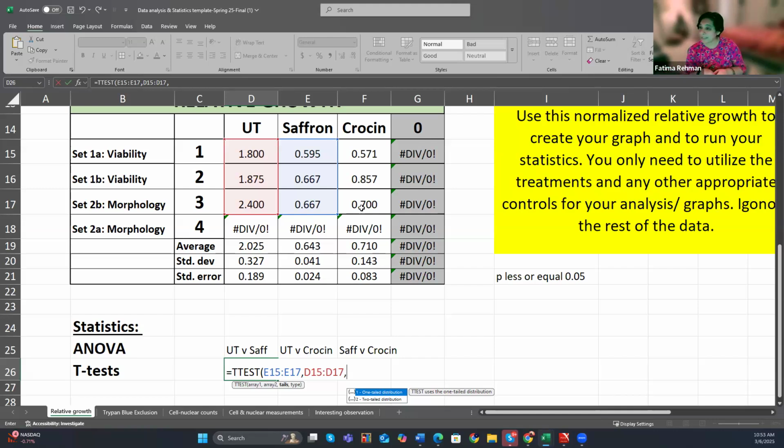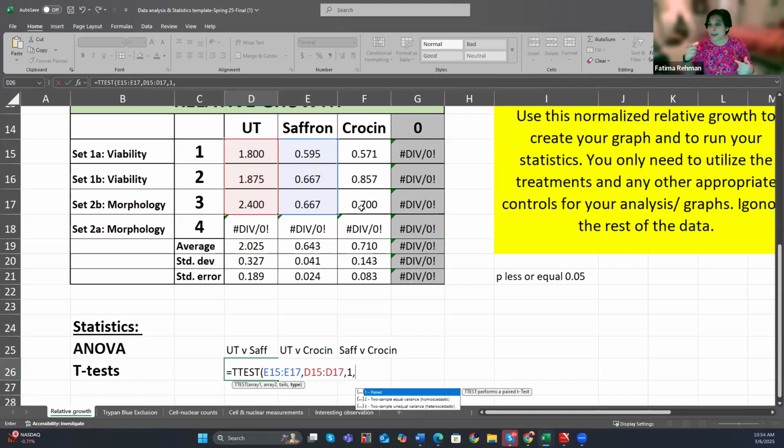But if you're doing a one-tailed and you're just focusing on one side, that they're going to grow more or they're going to die more, then all that 0.05 goes towards that one side. And so it's easier to find significance. In my case, I do think that based on what I've researched, saffron and crocin should both be effective as an anti-cancer effect. So I'm going to use one-tailed.